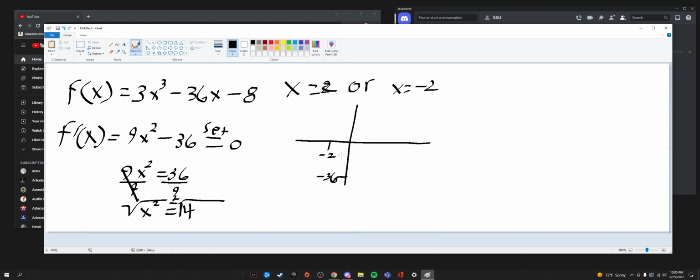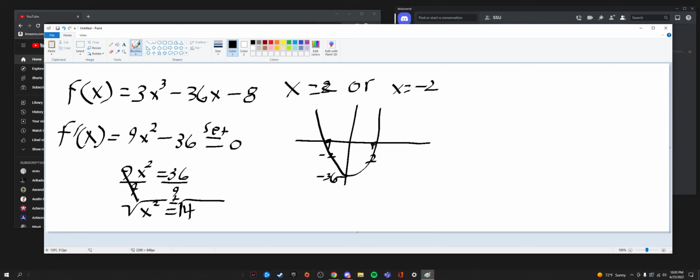This is -2, and that is 2. We know our function equals 0 at 2 and -2, meaning those are the roots of our function, and our y-intercept is -36. So that's kind of our parabola. Just imagine they're aligned.